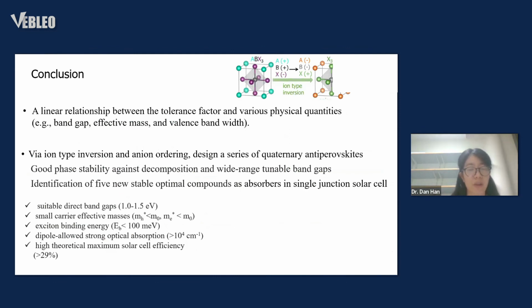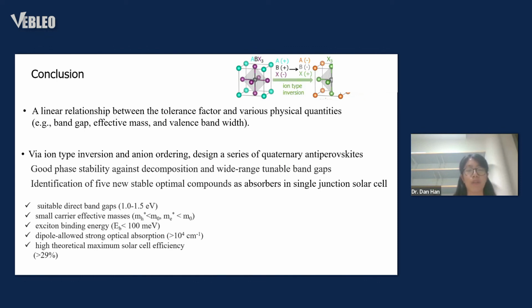In this presentation, we first showed a linear relationship between the tolerance factor and various physical quantities of antiperovskite nitrides, which may be useful for designing antiperovskite nitride-based alloys. And also, through ionic site inversion and anion ordering, we designed a series of quaternary antiperovskites.